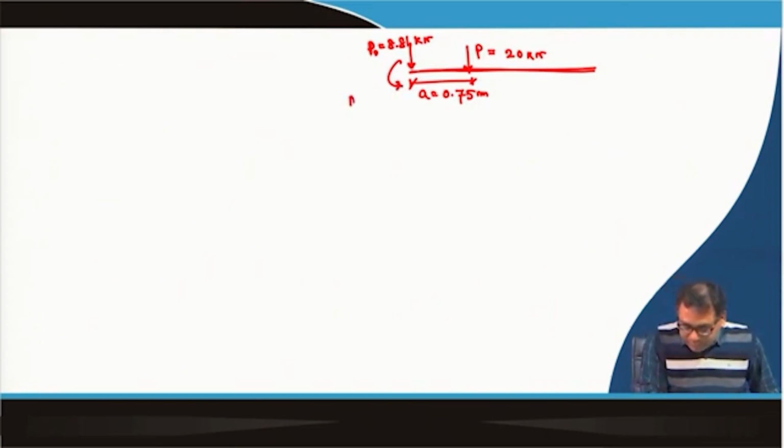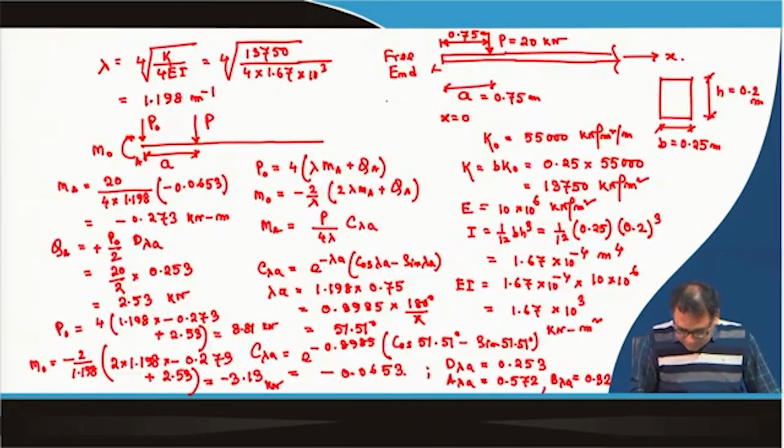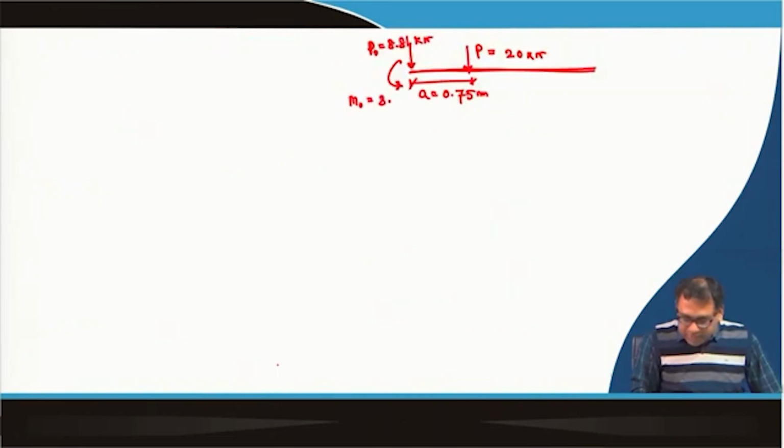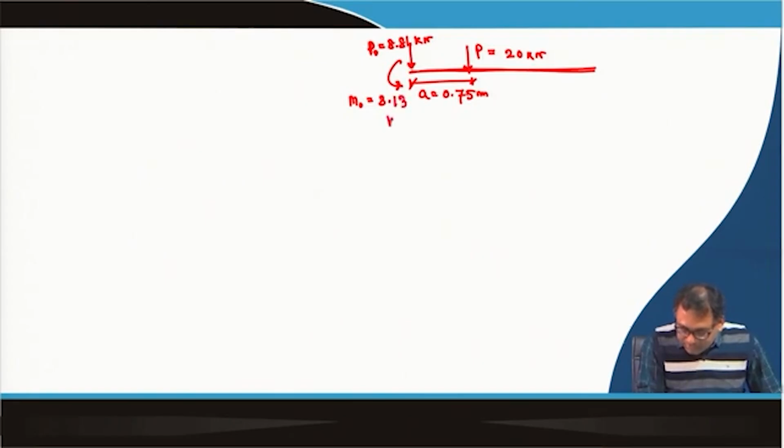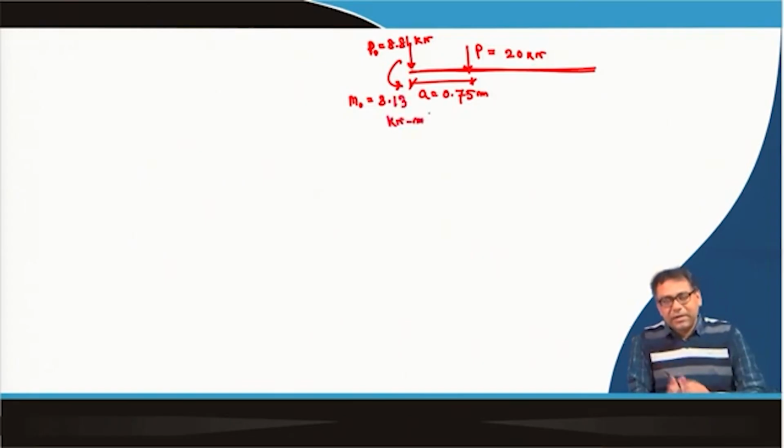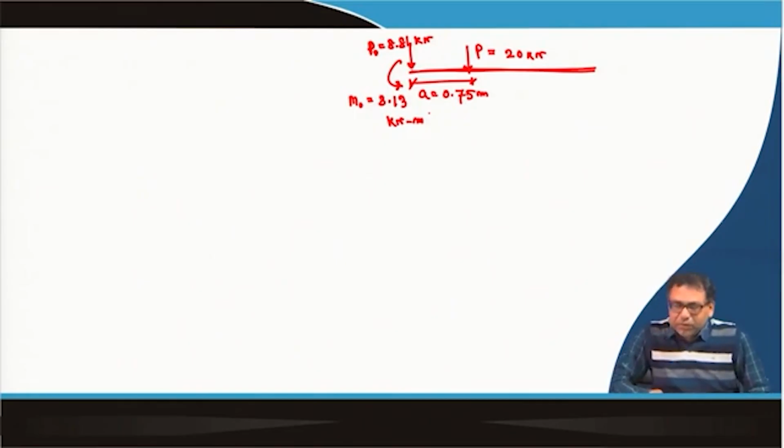So, that is why I am giving this sign. So, M0 is 3.13, which is minus 3.13 kilonewton meter. As I have discussed, clockwise moment on the left side is positive and anti-clockwise moment on the right side is positive, but here it is negative moment. M0 is minus 3.13, and it is acting on the left side. So, that is why it is shown as an anti-clockwise moment.